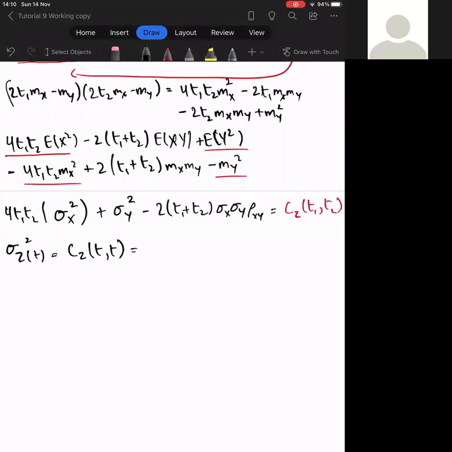We convert the auto covariance into variance as follows. So instead of t1 t2 it becomes t squared, sigma y squared, minus 4 t sigma x sigma y rho xy. Okay. So that's just some additional information. As far as the question asked, that was covered in the first step above.